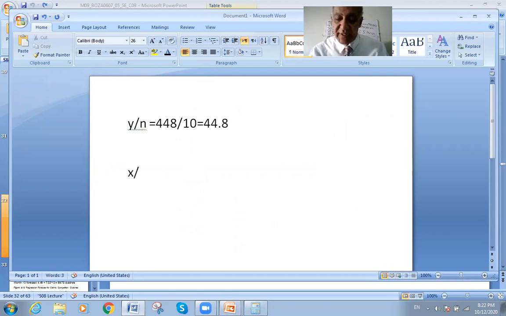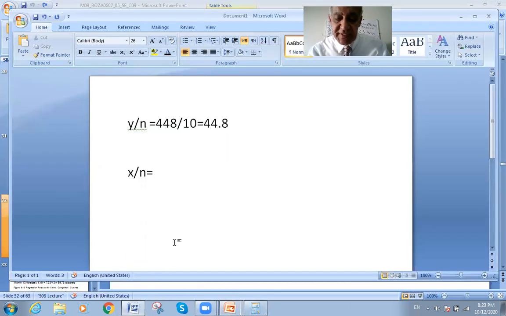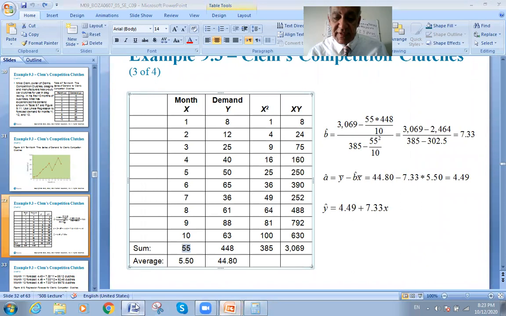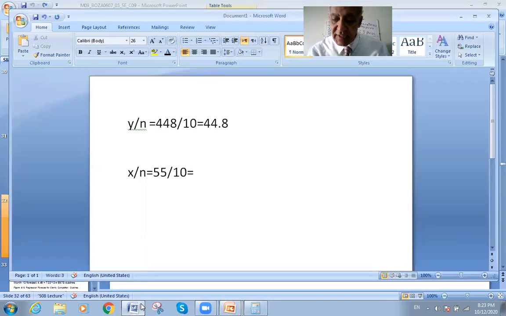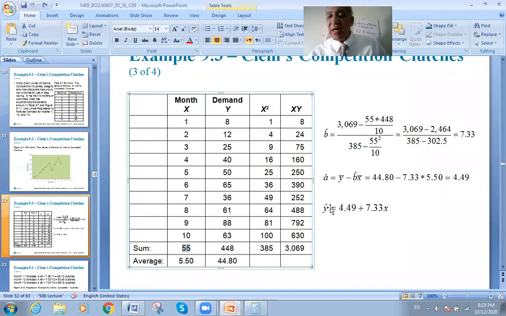Summation x is 55, divided by the number of months, which is 10. That equals 5.5. So we just substitute the numbers, and we got A equals 4.49 and B equals 7.33.